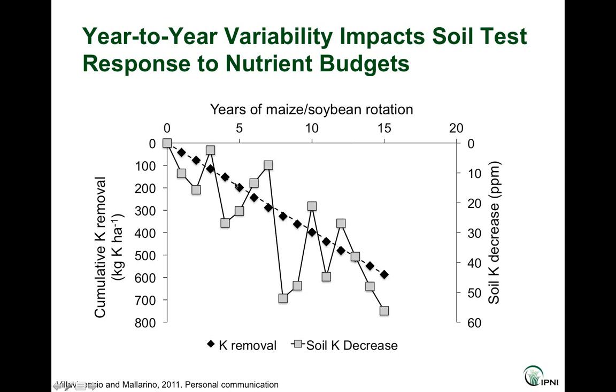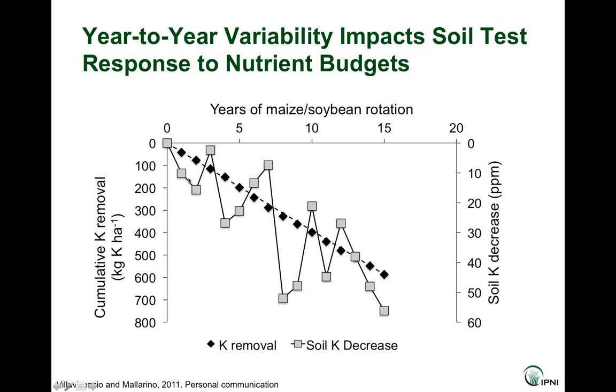So by the end of the 15th year in this rotation, the total amount of K removed was approximately 600 kilograms of K per hectare. Now, these gray boxes indicate how the soil test K decreased. It's not the actual soil test K level, it's the decrease in soil test K.